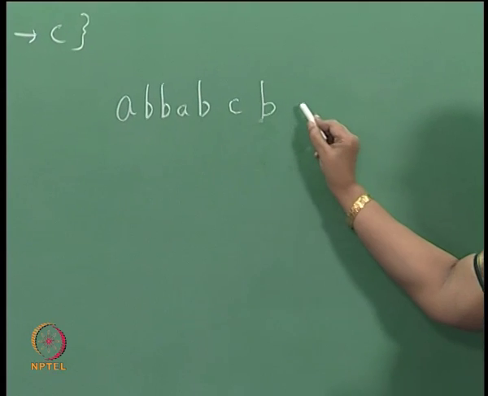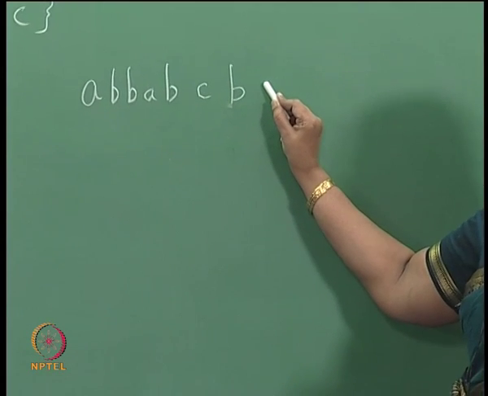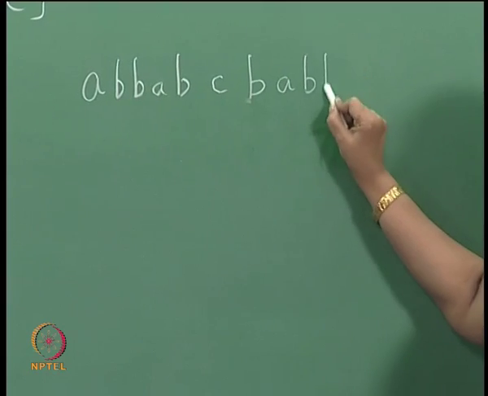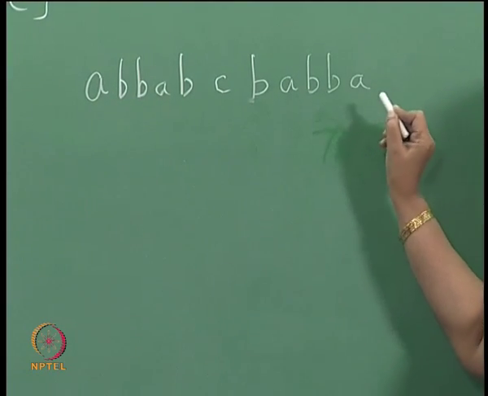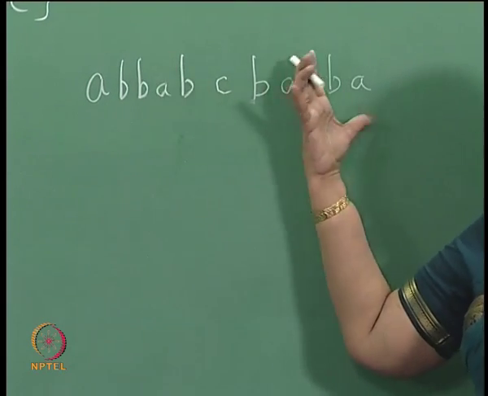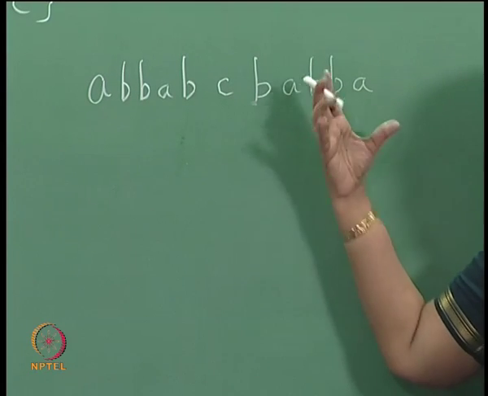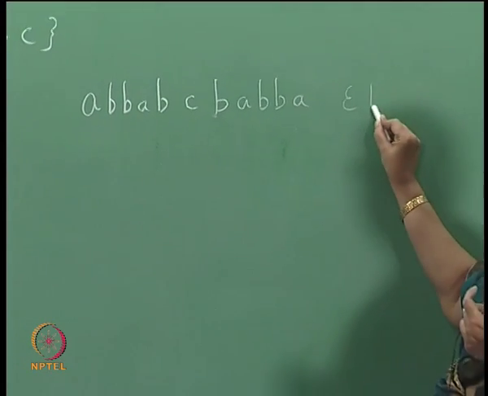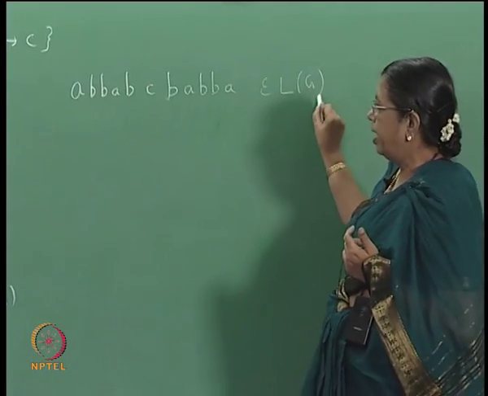So, this side what will be the string generated? B A B B A. The reversal of this will be generated this side. So, such a string will belong to the language generated.